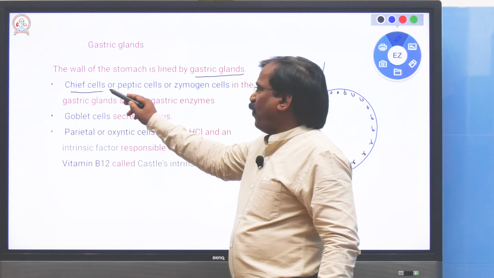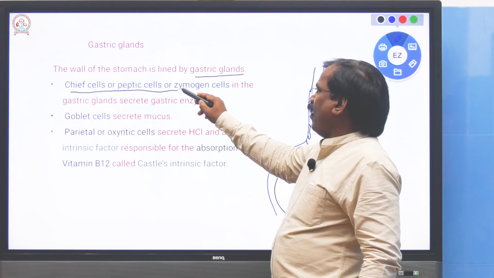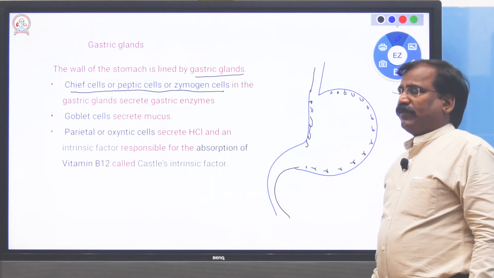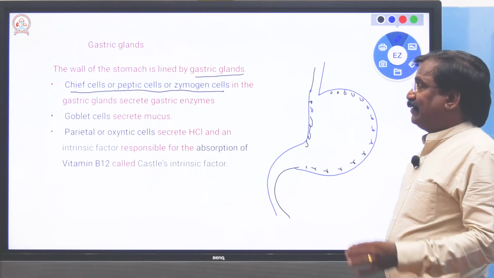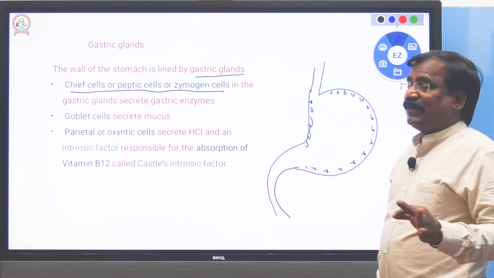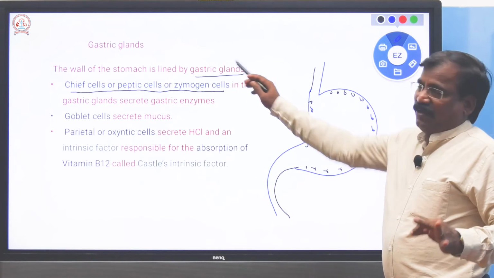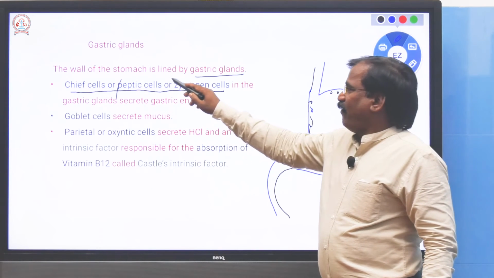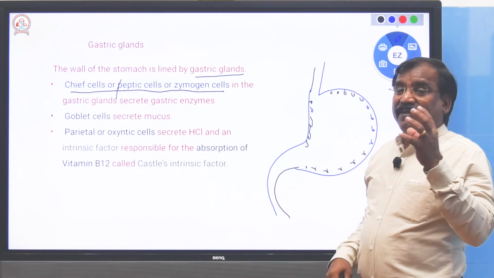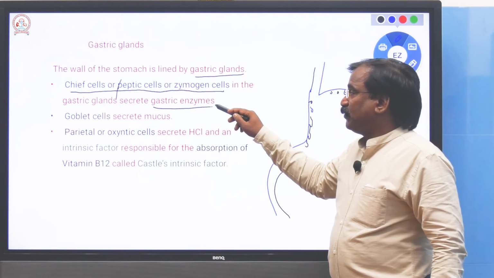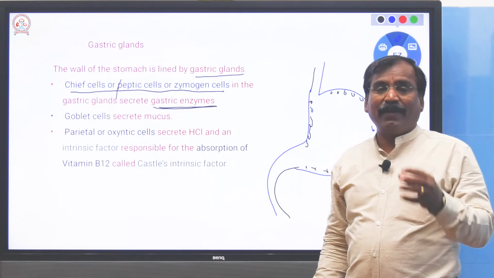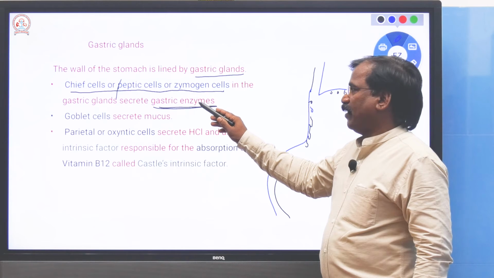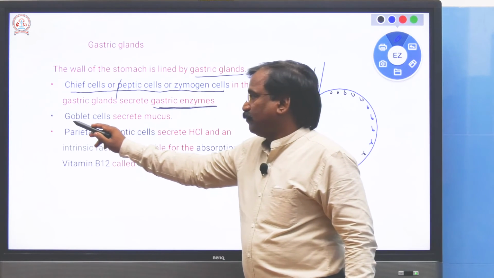Chief cells, or peptic cells, or zymogen cells. They secrete enzymes like pepsin and renin. Then goblet cells.